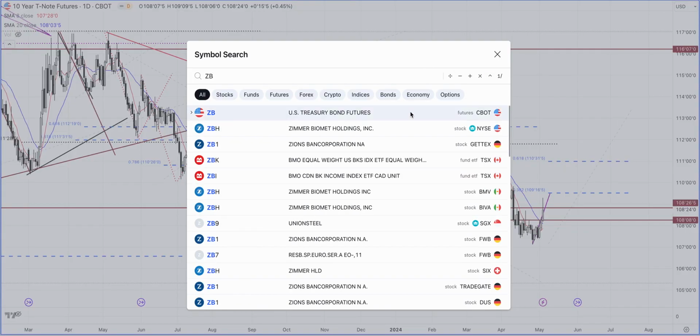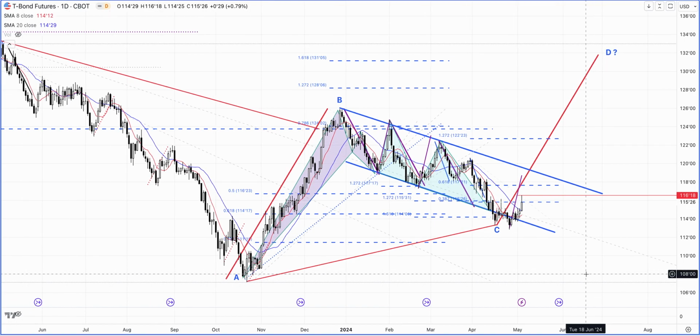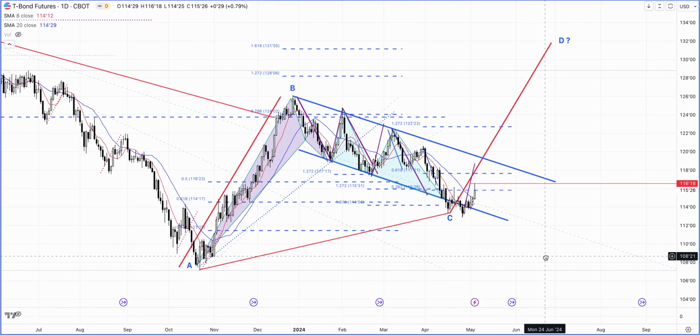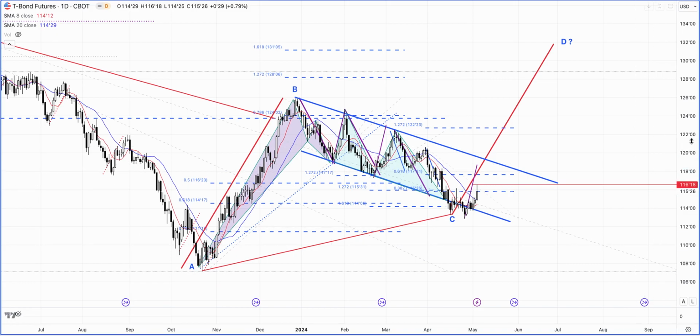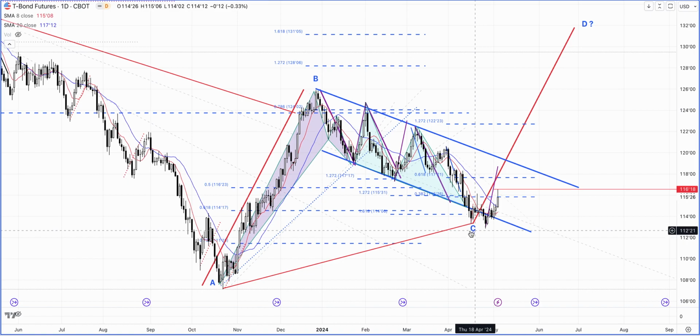This is much better visible on this chart, which is the 30-year long bond futures. This is on the longer end of the yield curve, and here this is something that we had been watching for as a potential point C, and at one point it did look like maybe point C was broken and this whole pattern actually would fall apart.